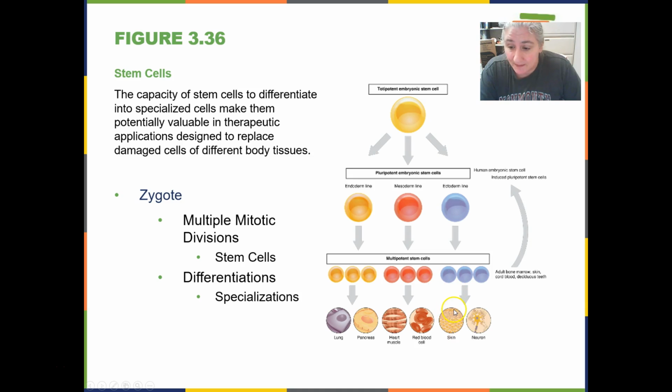That would be an example. And so a totipotent stem cell is one that can become anything it wants. Pluripotent stem cells can become anything within a designated line. And then you have the multipotent stem cells, which produce new copies of the cells.